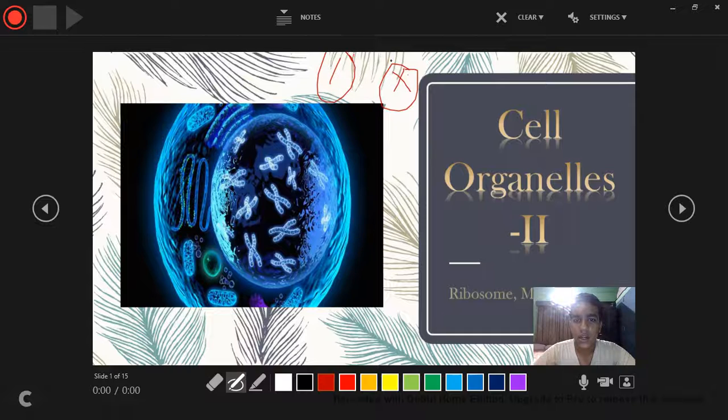This is the chromosome, this is the chromatid. And when these two pair, they are called sister chromatids. We'll learn about that. I have told you just to represent this figure.